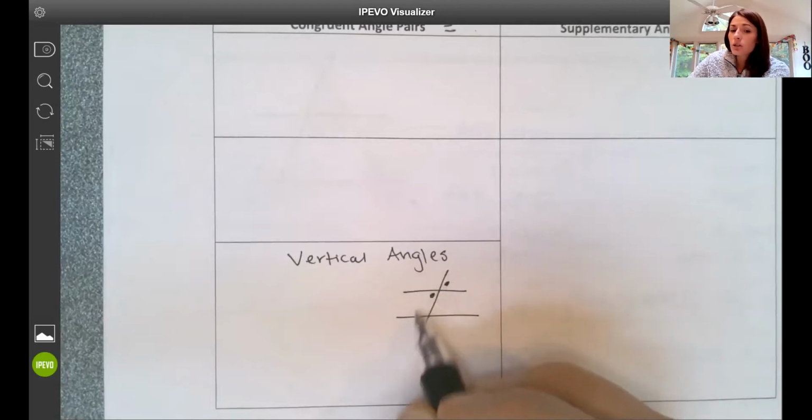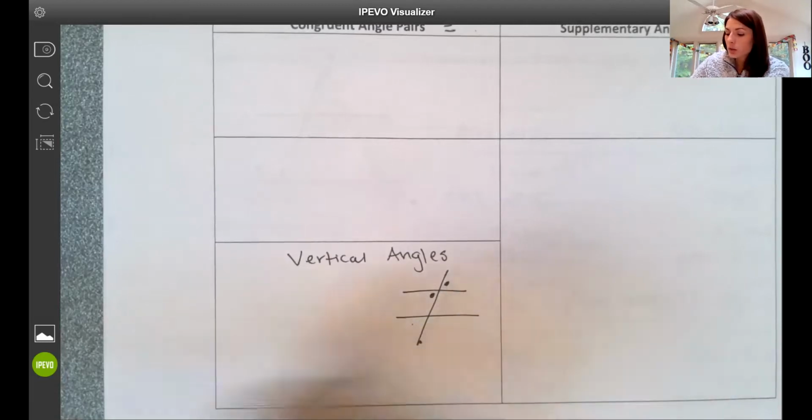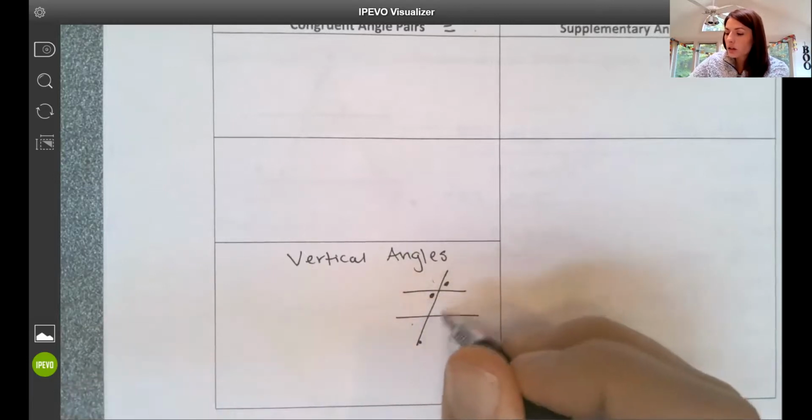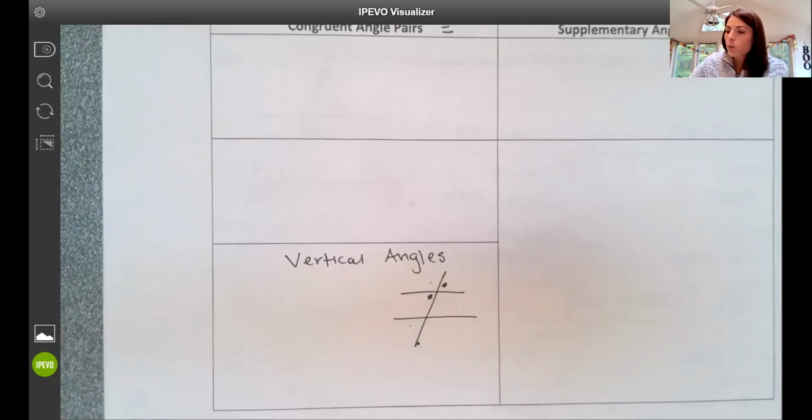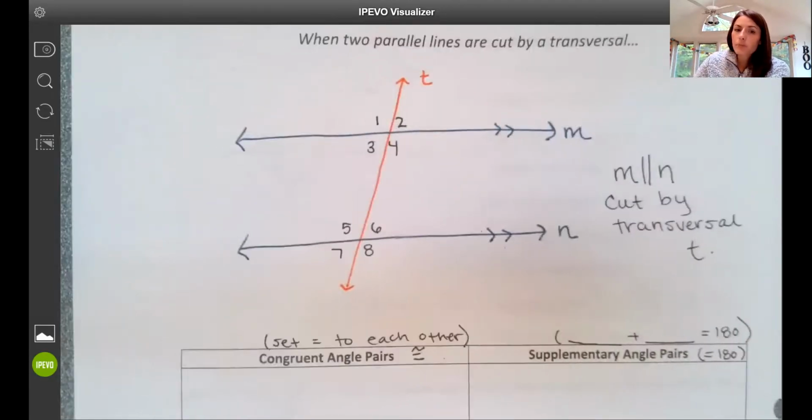It has actually nothing to do with the two parallel lines. So I'm gonna have vertical angles here and here and here and here. What would be a vertical angle pair from the diagram up above? So I'll go back up. What would angle 1 be vertical to?